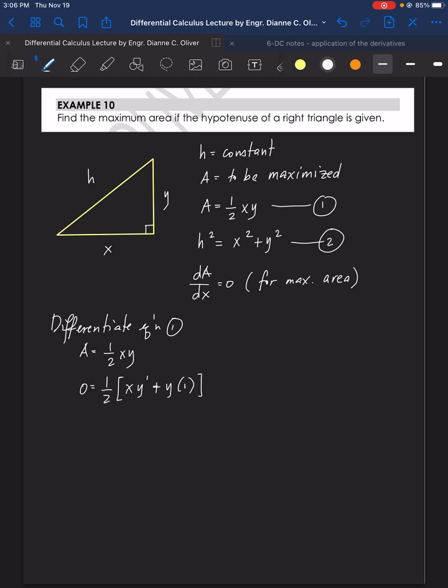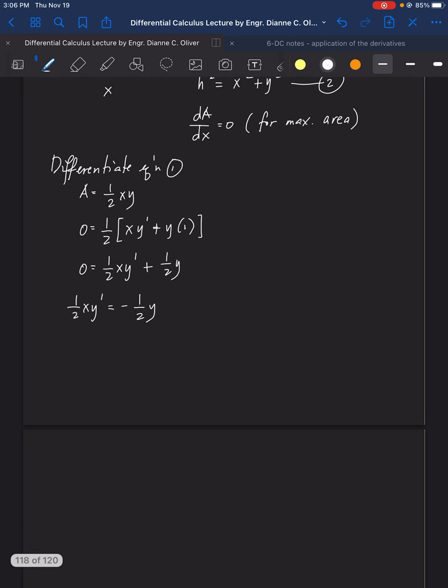Derivative of x is 1. So 0 is equal to 1/2 xy prime plus 1/2 of y. 1/2 xy prime is equal to negative 1/2 of y. Cancel the 1/2 there. Therefore, y prime is equal to negative y over x.